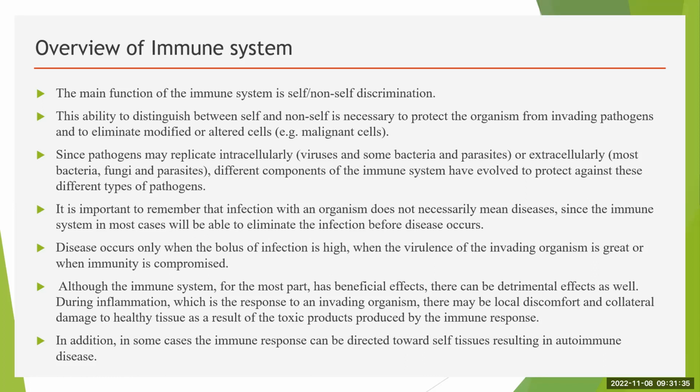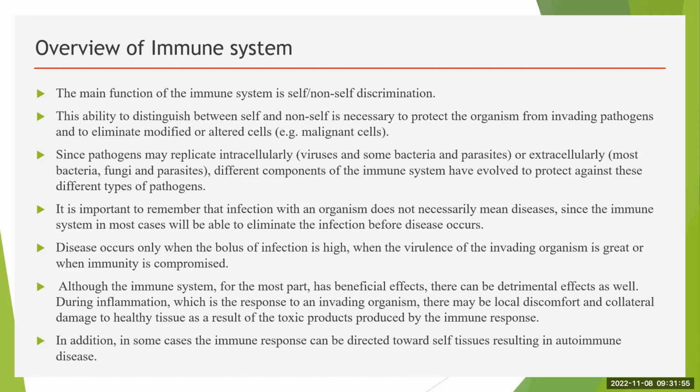Disease will, in most cases, occur whereby the viral load, for example, if it's a virus, becomes higher, or the titer of a particular bacteria becomes high in the system, such that the immune system is not able to cope in real time.